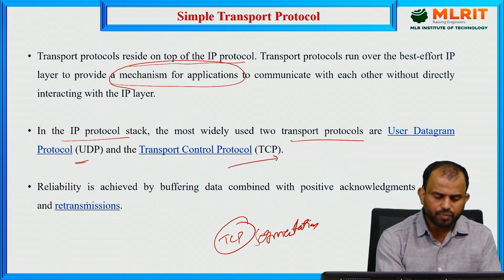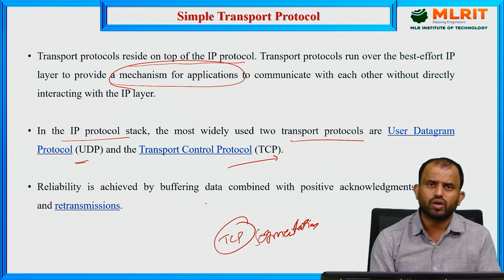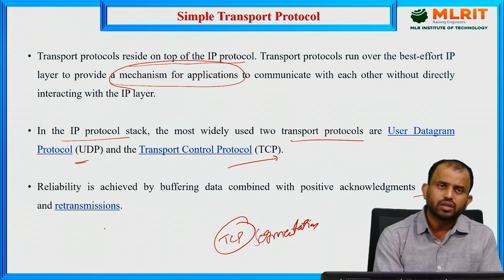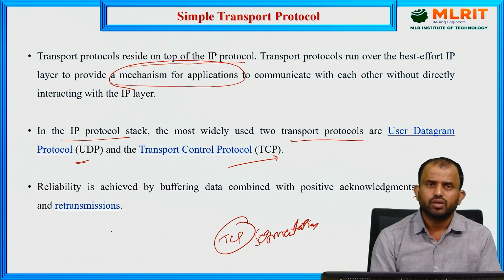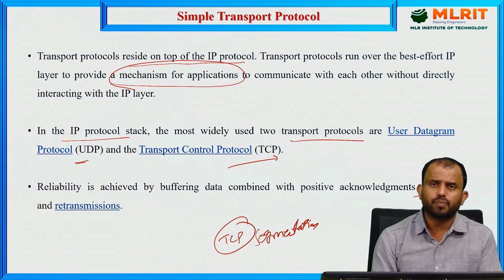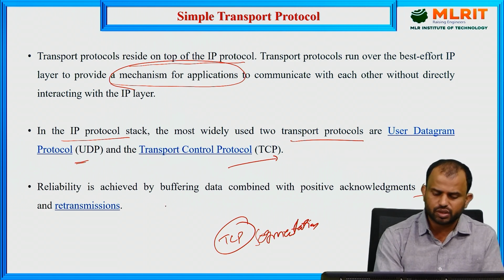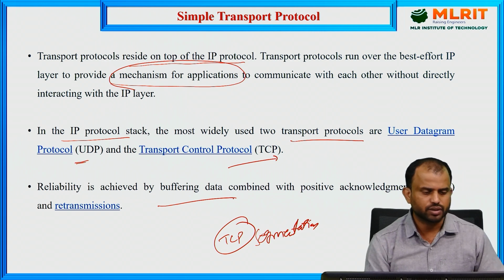Here the reliability is achieved, which means the buffered data is combined, and the positive acknowledgement received is also measured. There are many retransmissions or positive acknowledgements. All kinds of reliability are achieved based upon this buffer data combining mechanism.